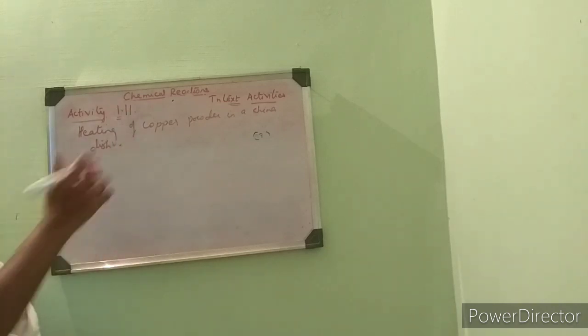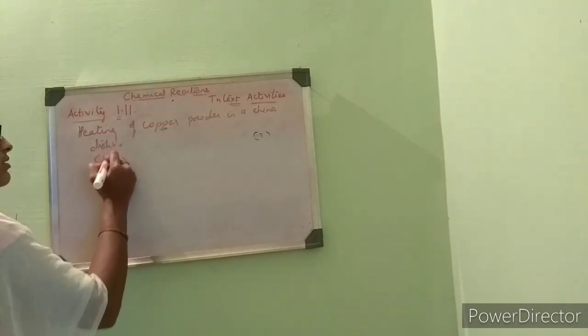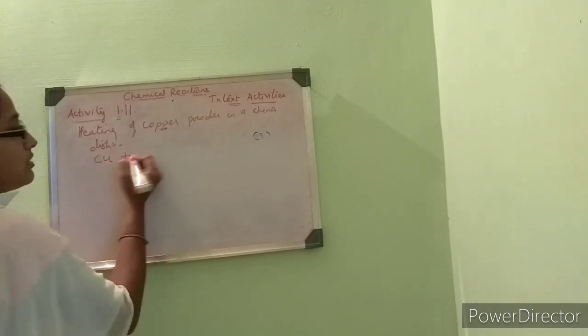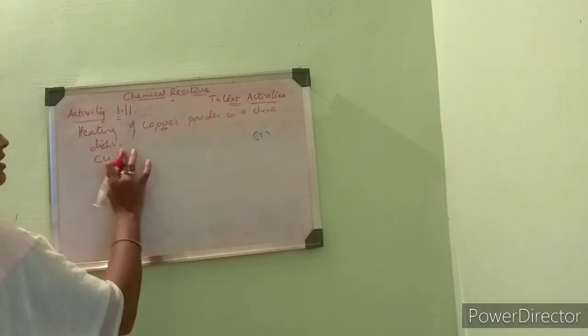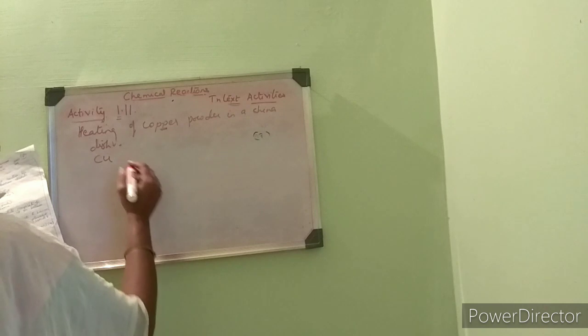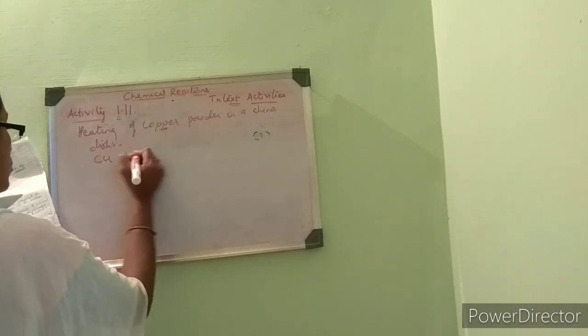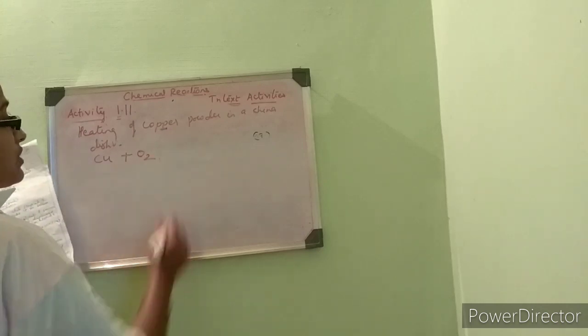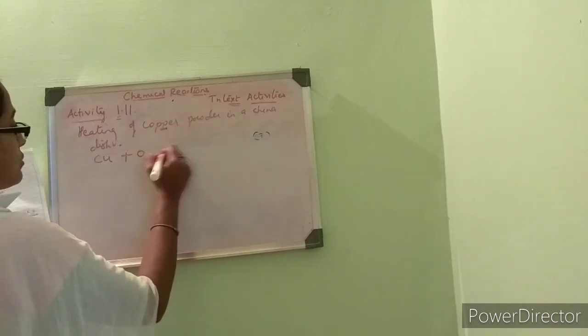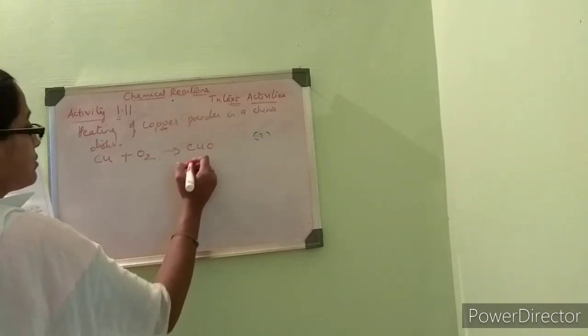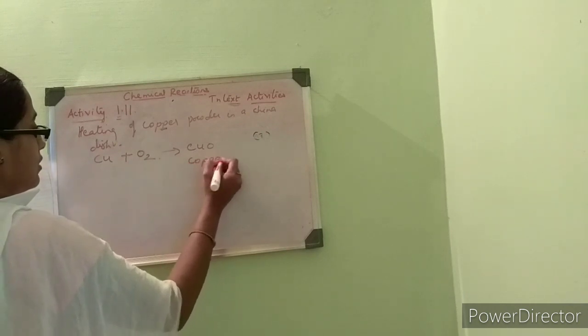As you know, the symbol of copper is Cu, and when you heat directly, heating of copper along with oxygen, there is a presence of oxygen when you heat it. So it forms CuO, that is copper oxide.